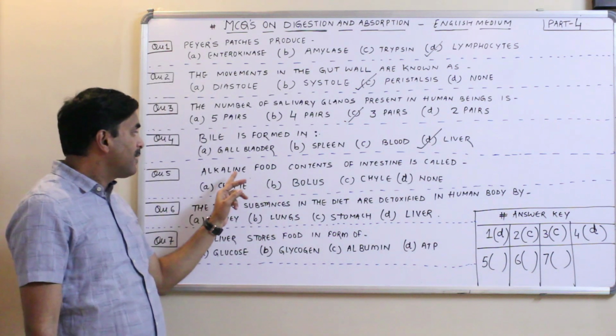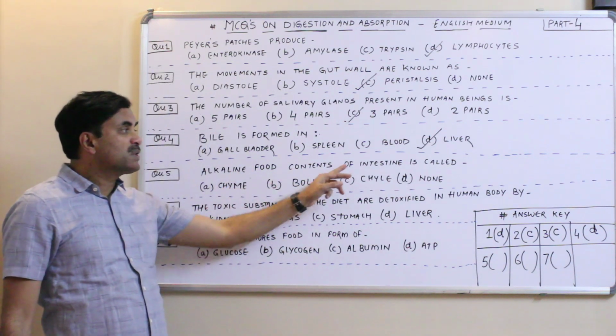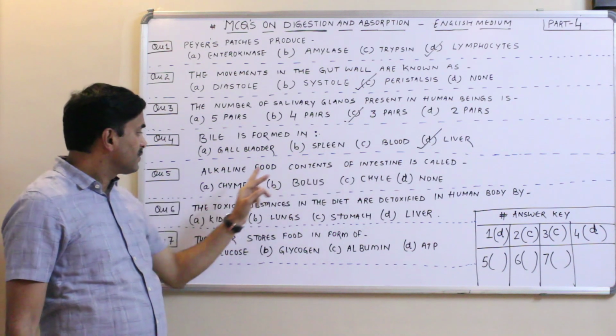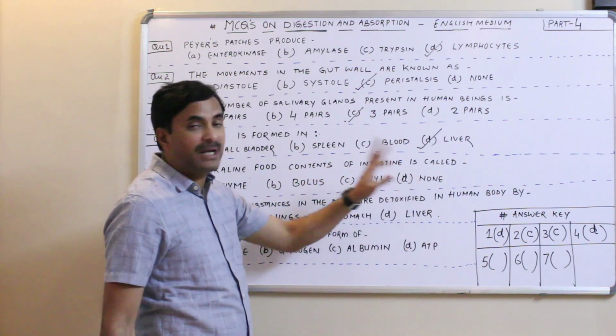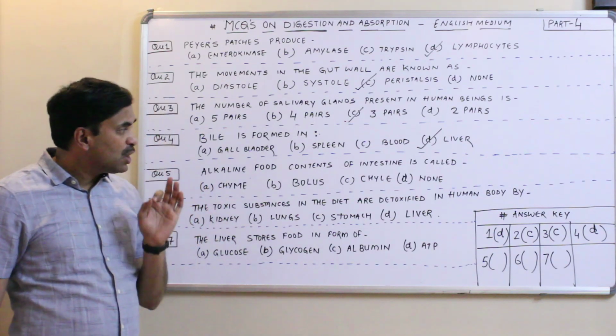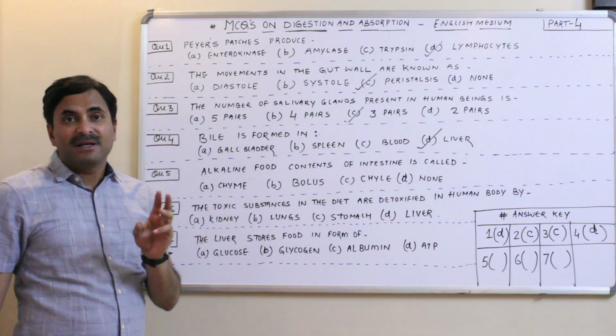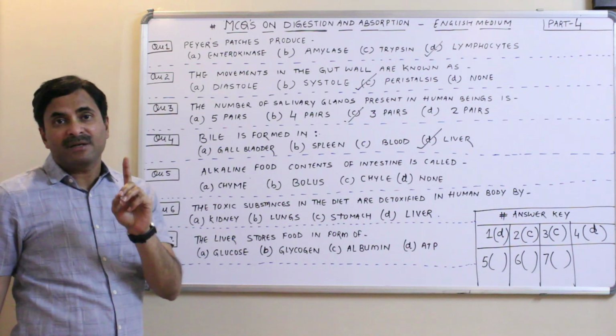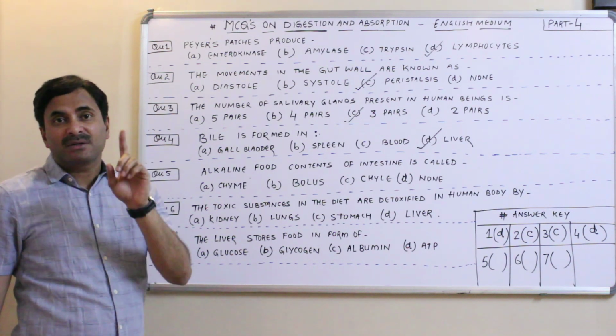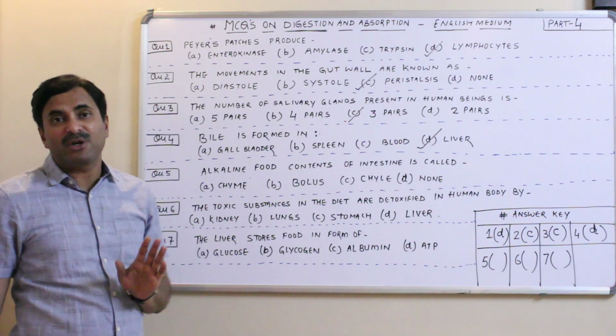Question number 5. Alkaline food contents of intestine is called chyme, bolus, chyle or none. Now you know very well that digestion occurs at 3 places: first in the buccal cavity, second in the stomach, third in the intestine, particularly the small intestine.